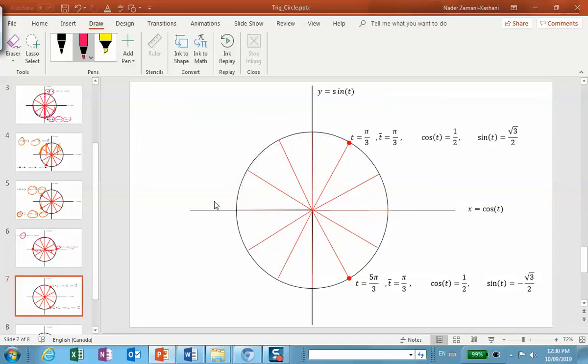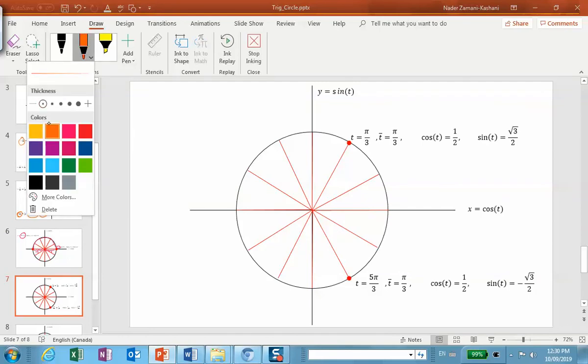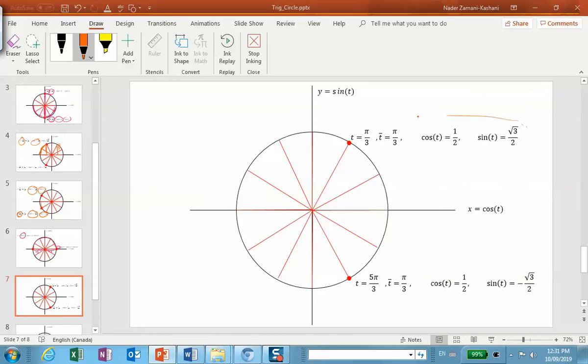Let's do this one now. These two answers, I'm going to give it to you at the same time. We already know everything about this. Okay, so if you look at 5 pi over 3, there's 2 ways to look at it. You can say, for example, how many slices of pi do you have? 1, 2, 3, all the way to 10 times pi over 6, which is 5 pi over 3.